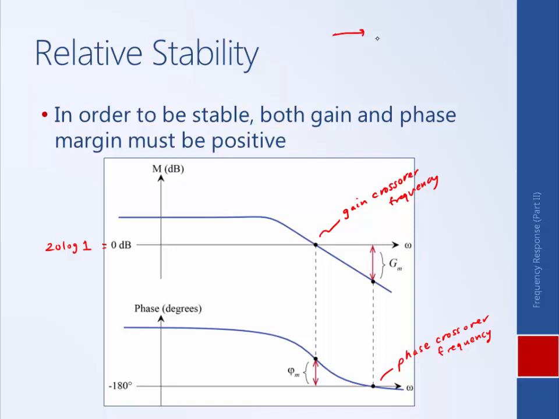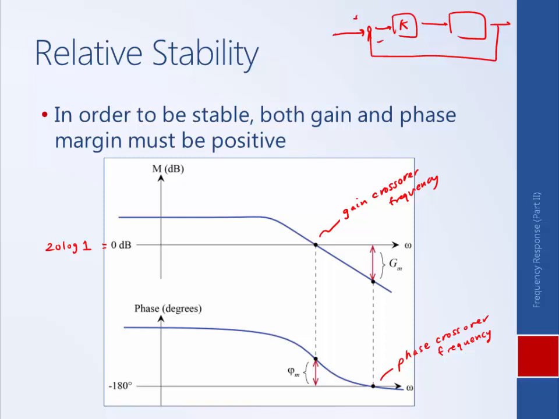So we have some closed loop system, and this is the Bode plot of the open loop portion of the system. If we change the loop gain, or add additional gain into our open loop system, that's going to change the frequency response, the Bode diagram of the open loop.